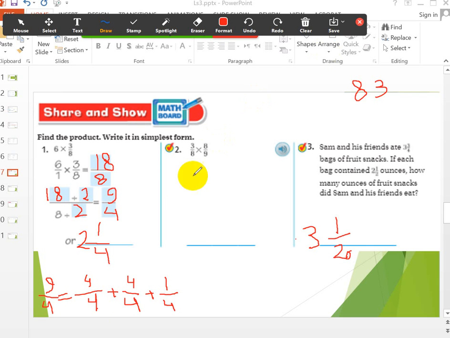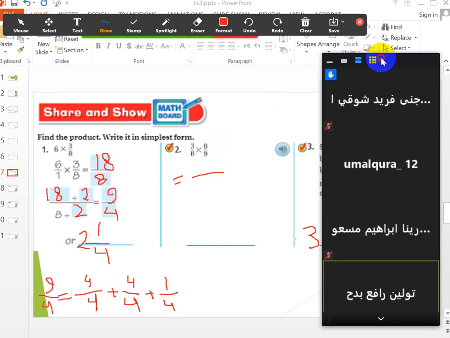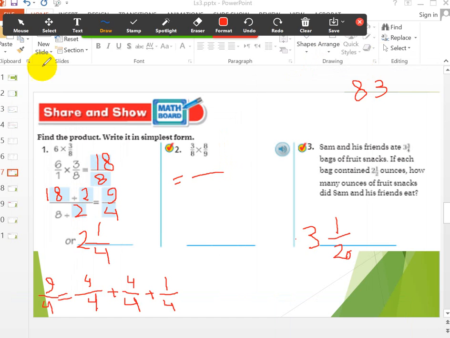Let's find this number. 3 over 8 multiply 8 over 9. 3 multiply 8 and 8 multiply 9. So I have to multiply numerators and denominators. Let's find the answer. I will write the answer right here. 3 multiply 8 equals 24.